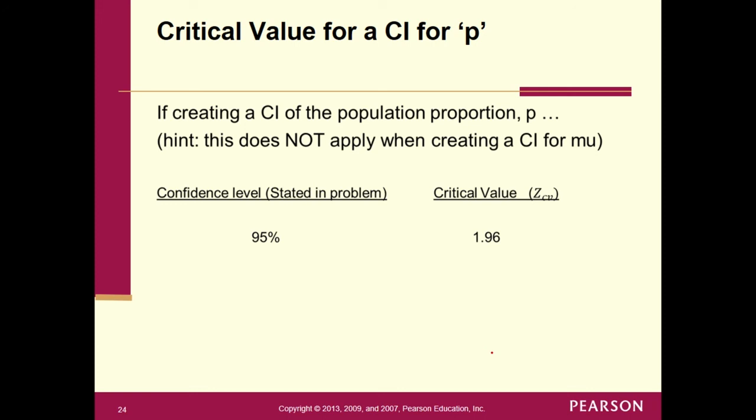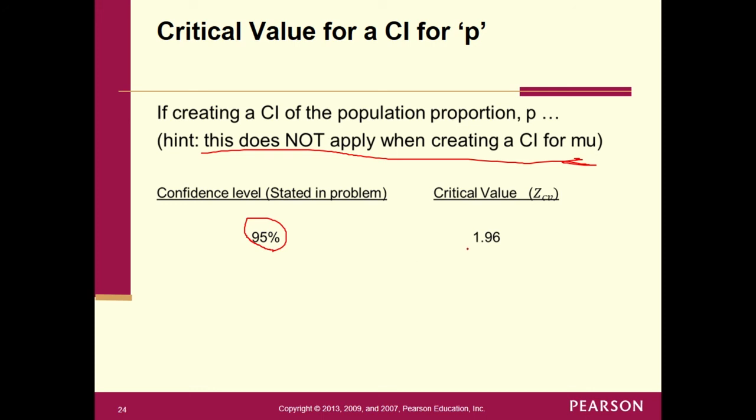So if creating a confidence interval for the population proportion P, hint, this does not apply when creating a confidence interval for mu. If the confidence level is stated at 95%, because of the empirical rule, our critical value should be right around 2.